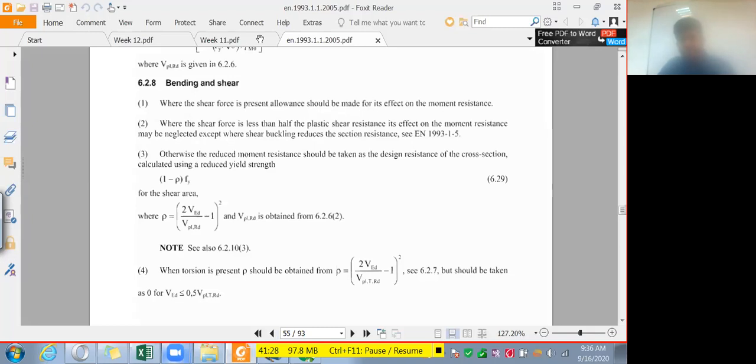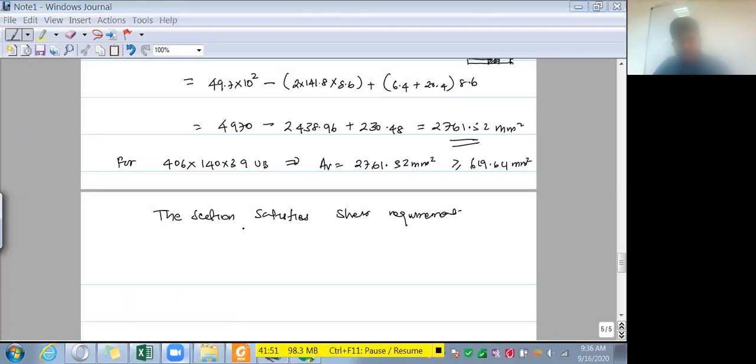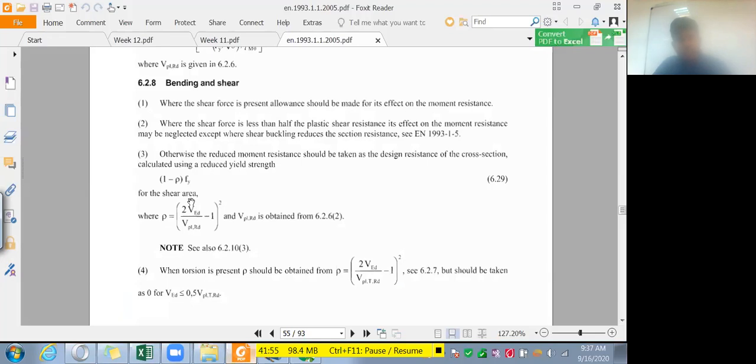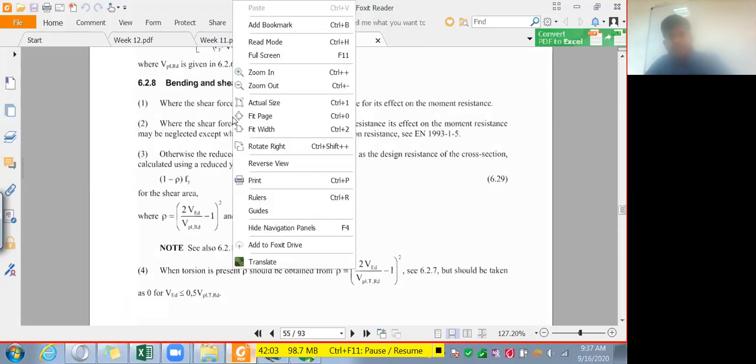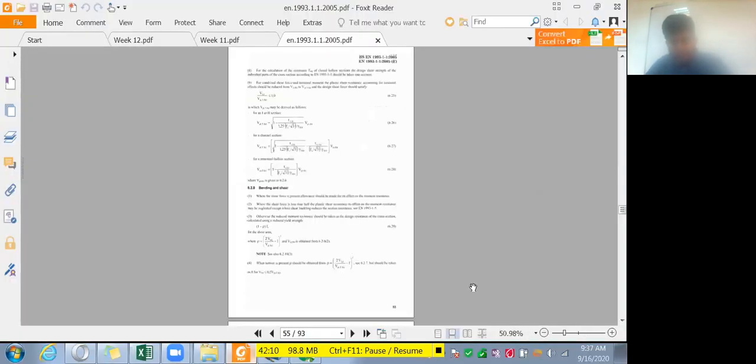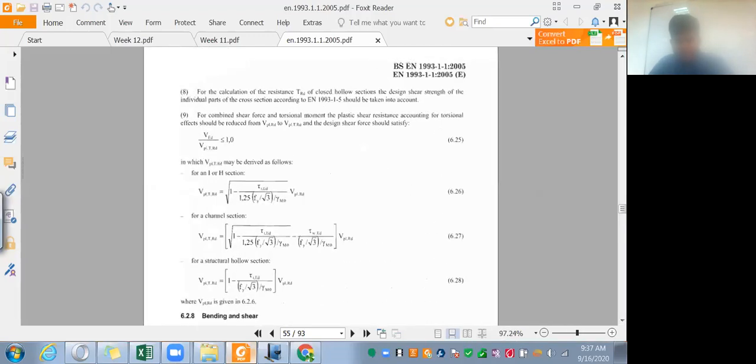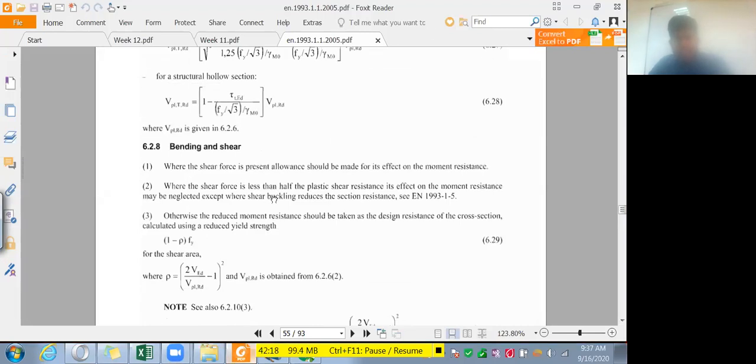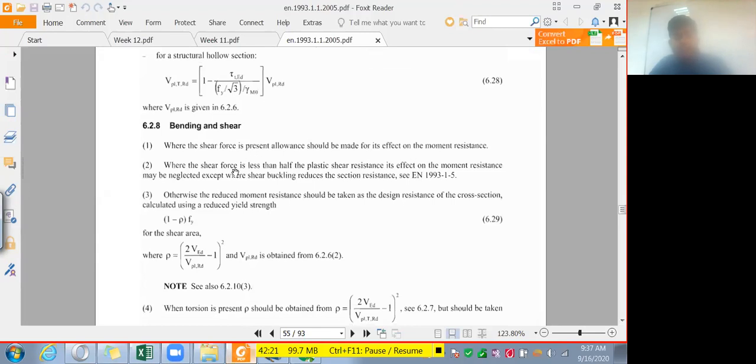So in that case, if you look at the second clause, where the shear force is less than half the plastic shear resistance, its effect on the moment resistance may be neglected except where shear buckling reduces the section resistance.